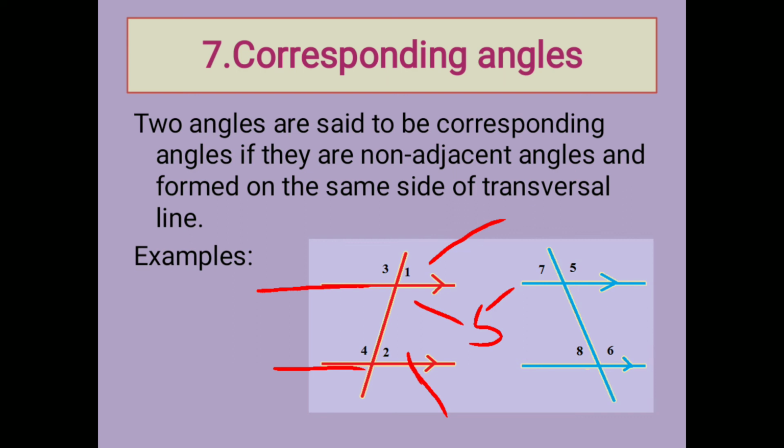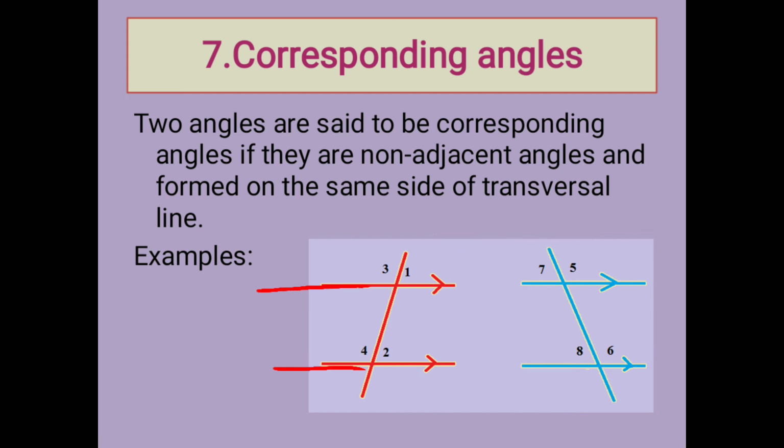Among these three angles on the same side of the transversal line, 1, 5 and 2 come in a series. But if we skip the angle number 5, then what will remain there? There will remain only 1 and 2. So these two angles are called corresponding angles.